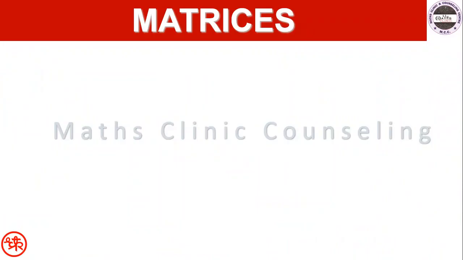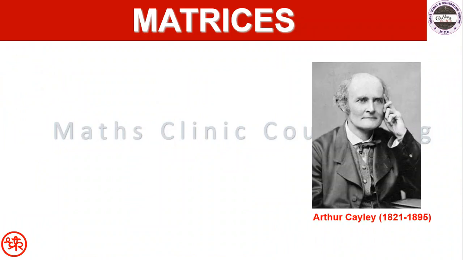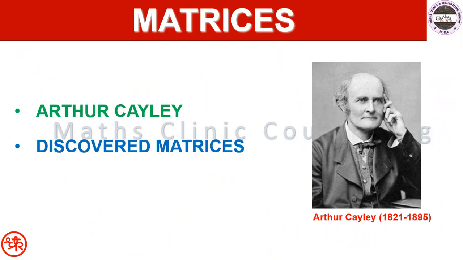Okay, so let us see matrices. First of all we will discuss who discovered these matrices. Look at the photo: Arthur Cayley, born in 1821 and died in 1895. He discovered the matrices.